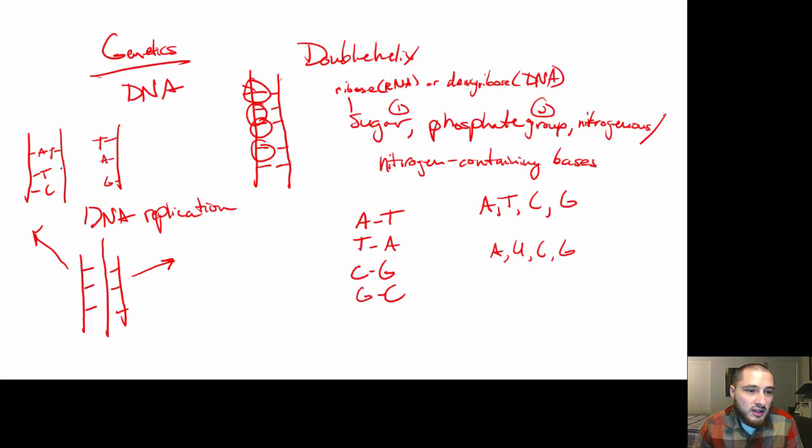So this is going to make a T, because I know A goes with T. This is going to make an A, and this is going to make a G. And the same goes with this one. So now I have two DNA molecules just from one.